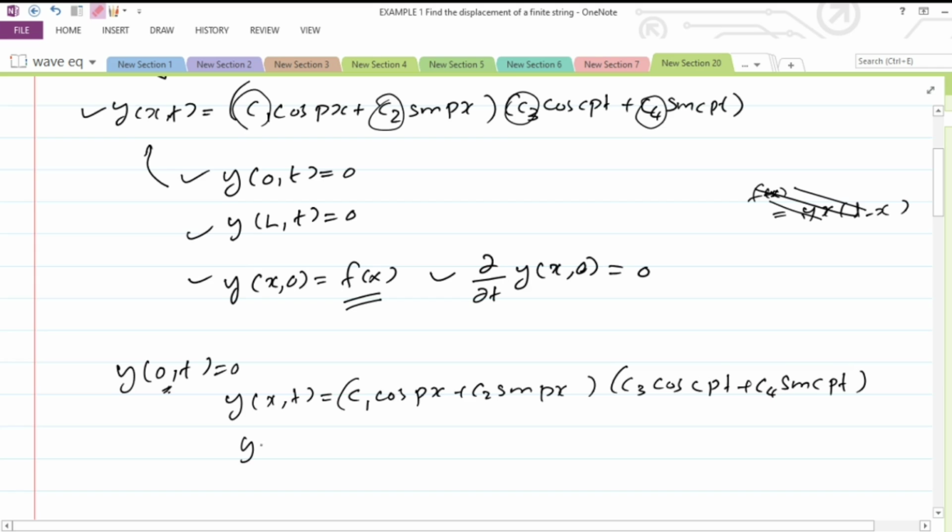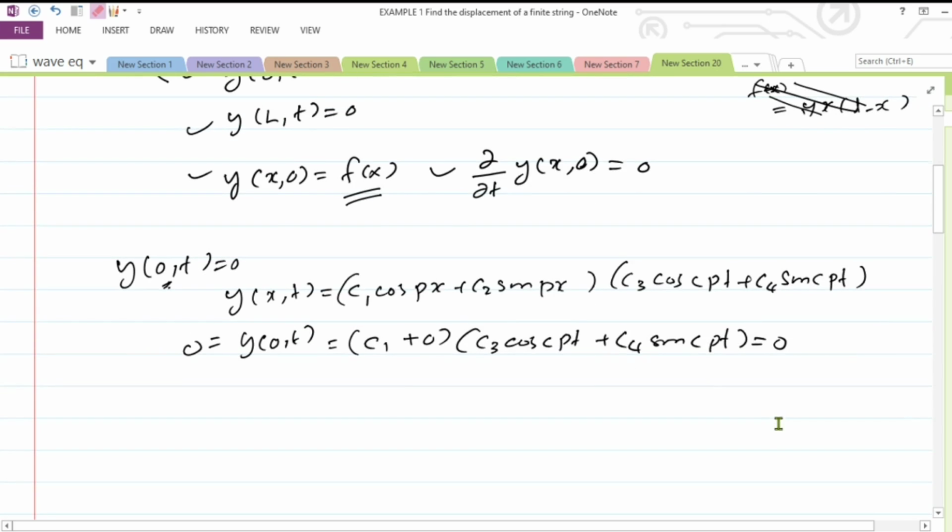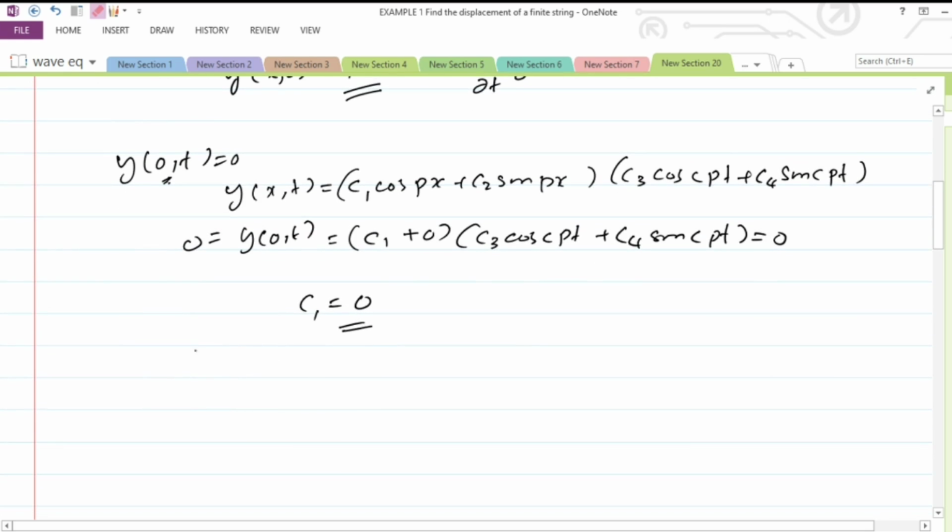What we get is y of 0,t equals 0, so c1 into 1 plus 0, into (c3 cos cpt plus c4 sin cpt) equals 0. From this we can say that c1 can be 0. Only the possibility is c1 equals 0. Then we update the equation: y of x,t equals c2 sin px into (c3 cos cpt plus c4 sin cpt).